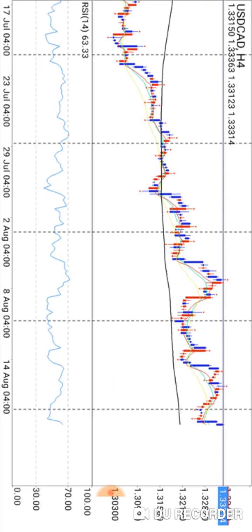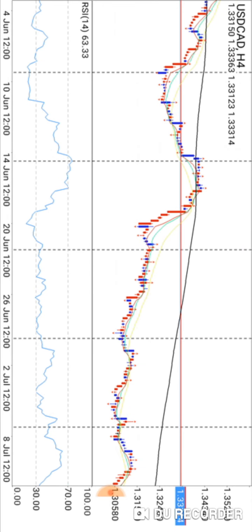It's the same thing as buying and selling. So in this case, where the market is below the 200 moving average, it is telling you that you are going to sell USD and buy Canadian dollar. How will you know when to buy and when to sell?